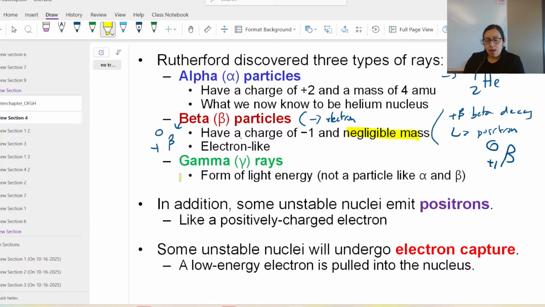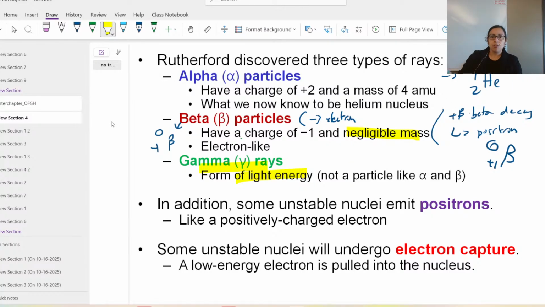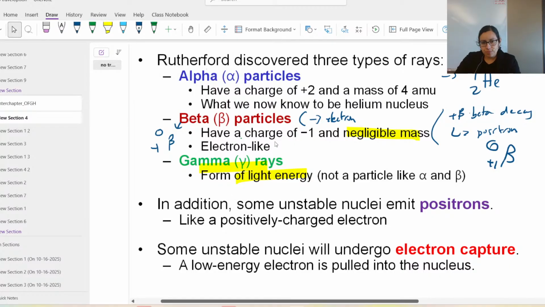And then we also have gamma rays, which are light energy. There's no particle emitted, it's just energy, but we'll see an example where something goes from an excited state to a less excited, more stable form and emits gamma rays, or it's emitted with something else.